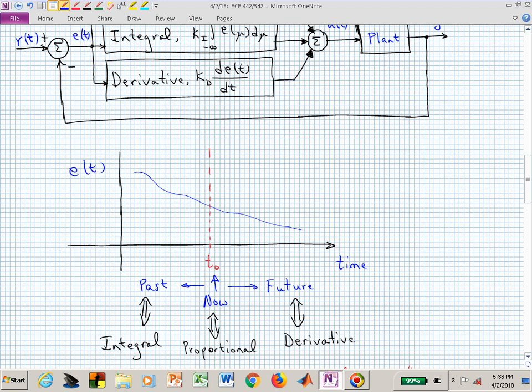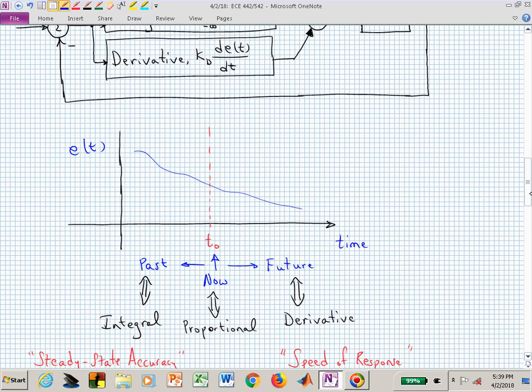The error in the past has already been integrated up in the integral term. And so the integral part of your PID controller is concerned with the past behavior of your error. And the future is the part that's looked at relative to the derivative term. Because it's the slope, it's sort of saying, oh, I'm going this direction, I'm going that direction. The derivative piece tells us or responds to future error behavior.